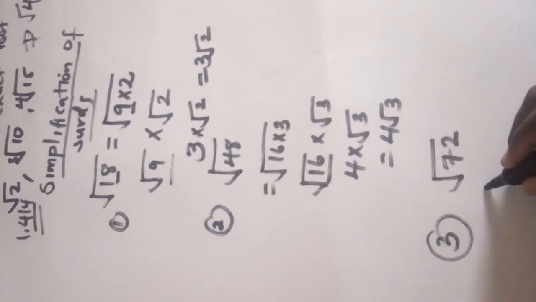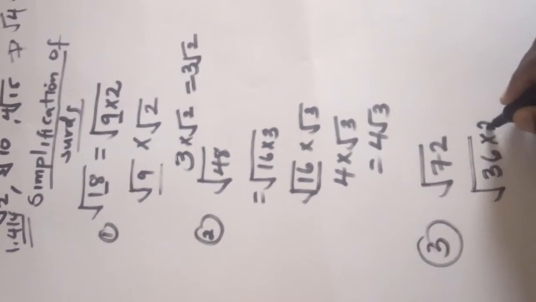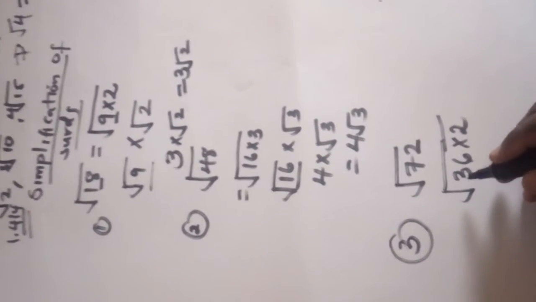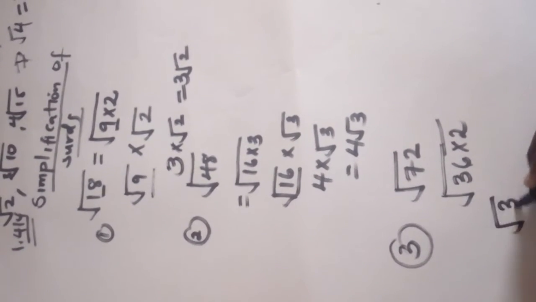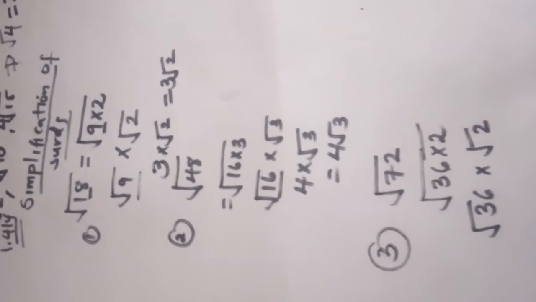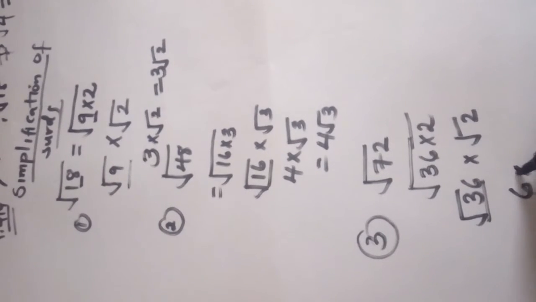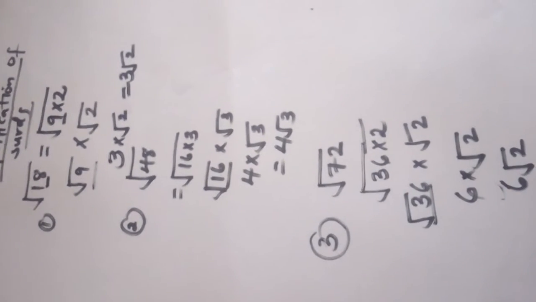Factors of 72 are 36 and 2, so that 36 times 2 is 72. We can get the exact root of that 36. So we find the square root of 36 times the square root of 2. The square root of 36 is 6 times the square root of 2. That will give us 6 root 2.